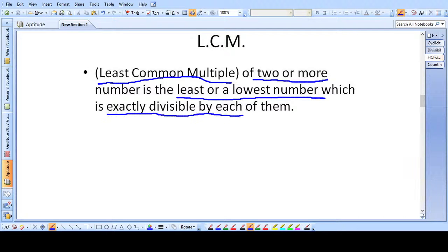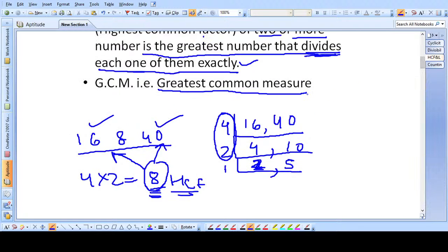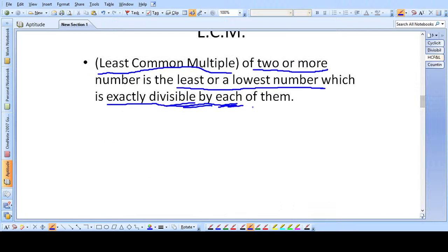So that number will be divisible by both the numbers given to us. What was it in the HCF? That the number can divide both the numbers, whereas here both numbers will be able to divide that particular number, and that will be the lowest number in the whole series.